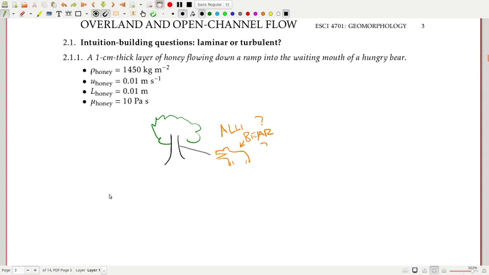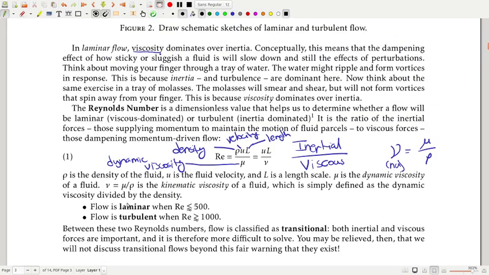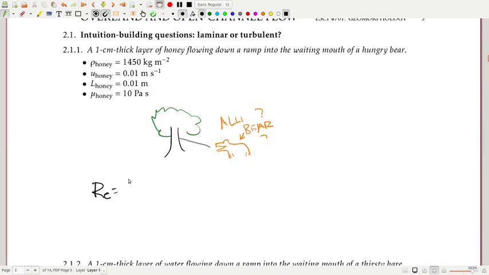So if we have the Reynolds number, let's just go up and look at what it is one more time. So that is density times velocity times length over viscosity. So I'm actually going to write it in a little bit different form. I'll have velocity times length as one term, and then I'm going to have it as density over viscosity, just so I can lump these terms that go into nu together.